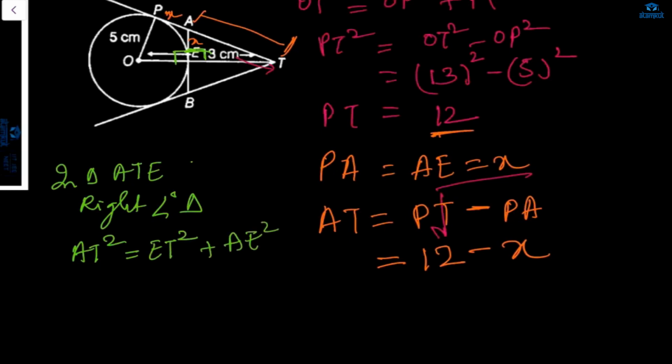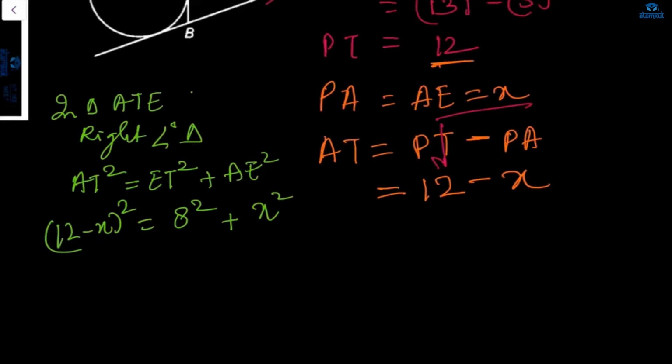Am I right? AT we have got as 12 minus x whole square, is equal to ET, we have already calculated 8 square, and AE will be x square. Am I correct?